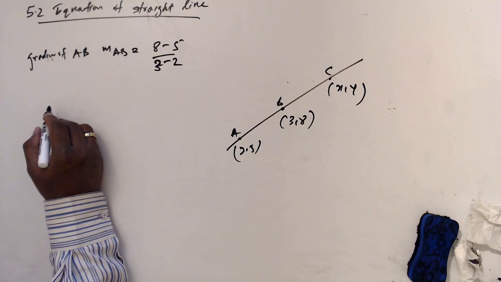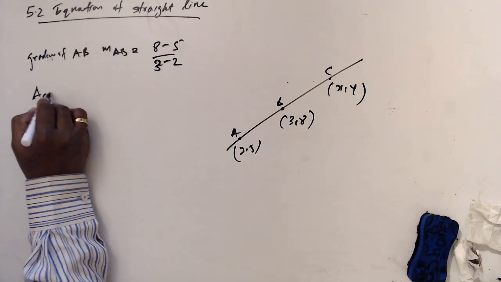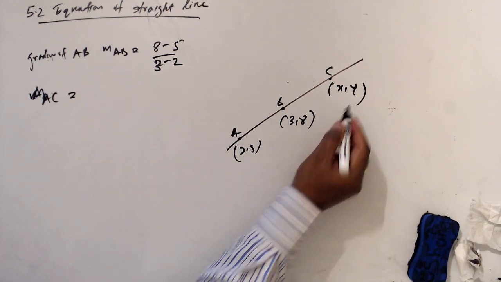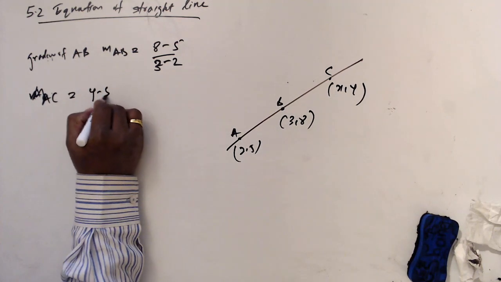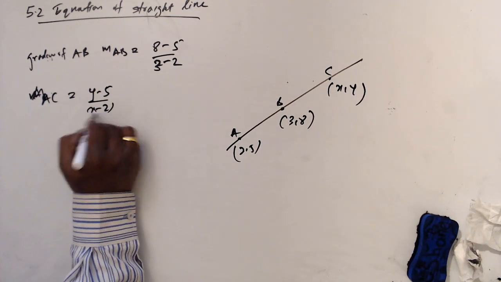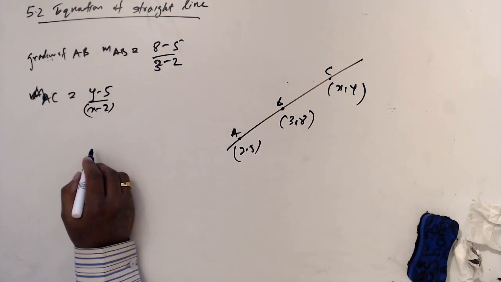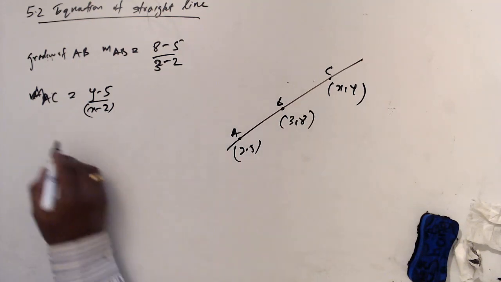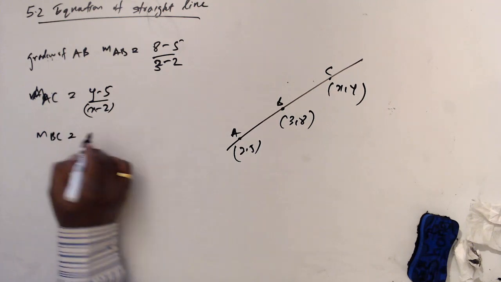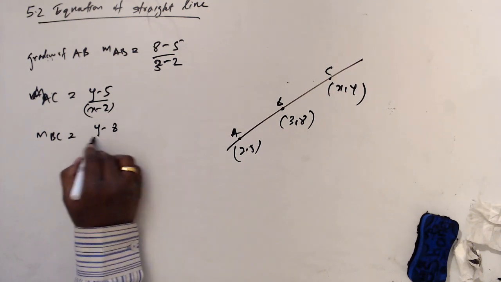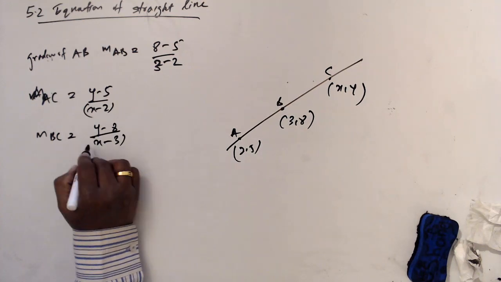Then the gradient of AC, MAC: y minus 5 divided by x minus 2. Then BC: y minus 8 over x minus 3.